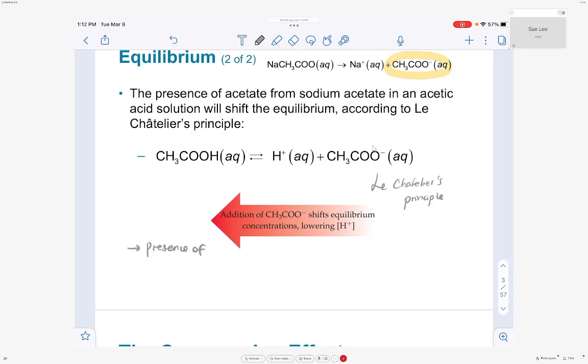Presence of added or increased acid caused the reaction to shift left.